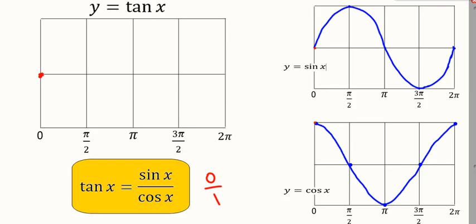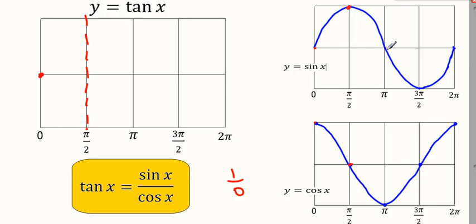If I move on to pi over 2, the next important value on this graph, now I have 1 divided by 0. Well, we can't divide by 0. That's not a value, and dividing by 0 means that we actually have an asymptote at pi over 2. If I tried to do tan pi over 2, it's an error. It's impossible to calculate tan of pi over 2.